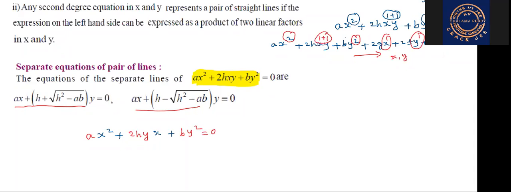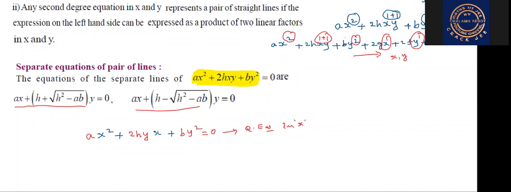This is the given pair of lines. Observe that this is one quadratic equation in x. So how do we split it into factors in a quadratic equation?